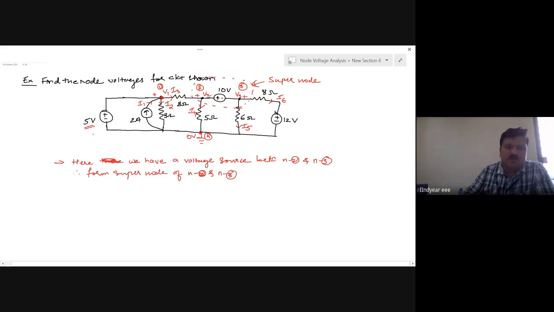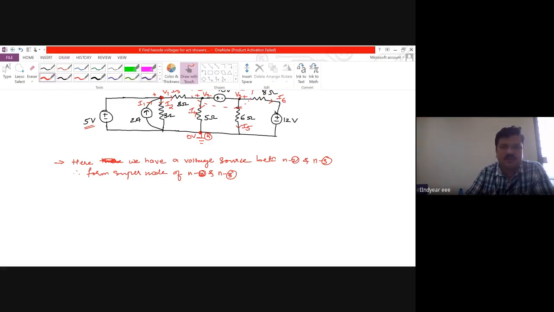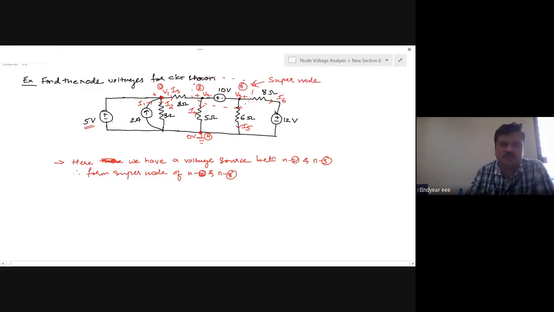Now, since we have a voltage source connected directly between node 1 and ground, I need not apply KCL to node 1.